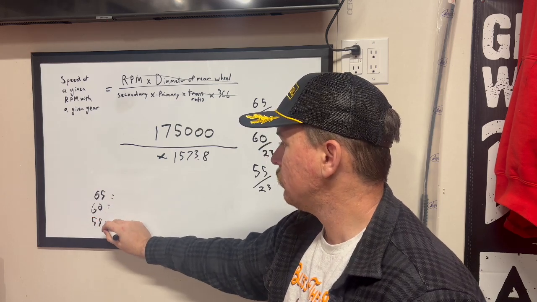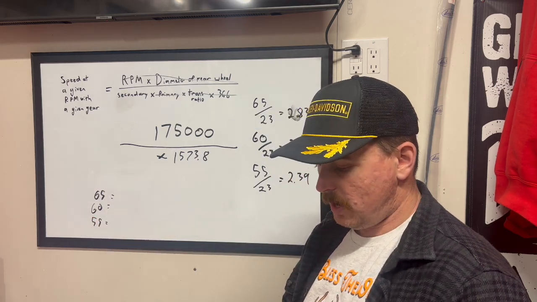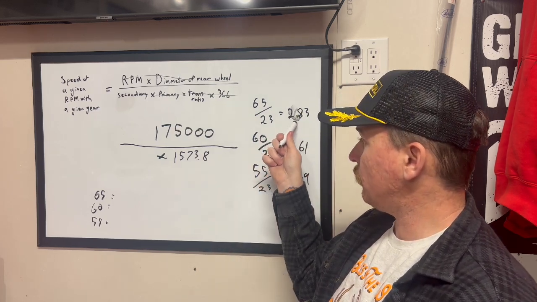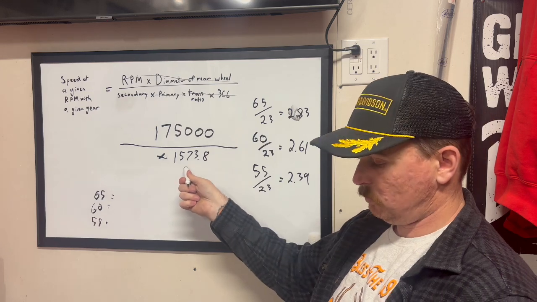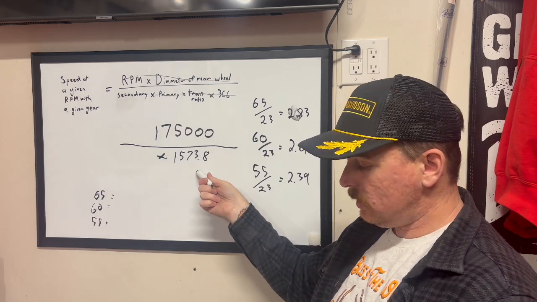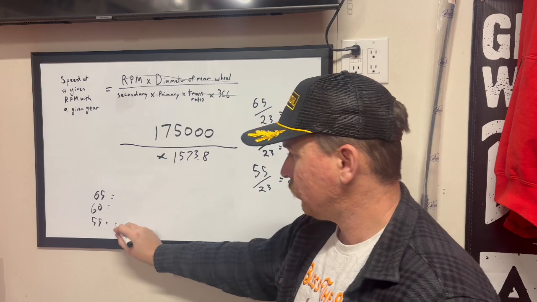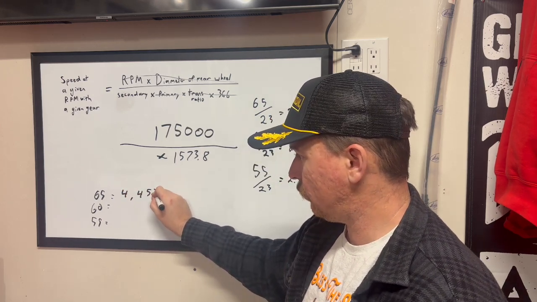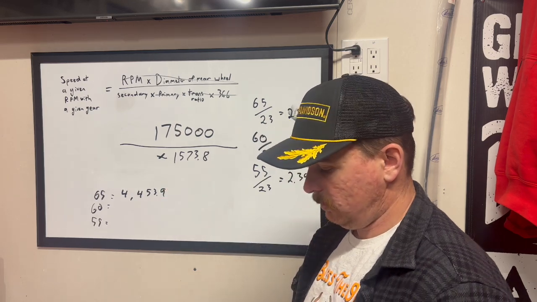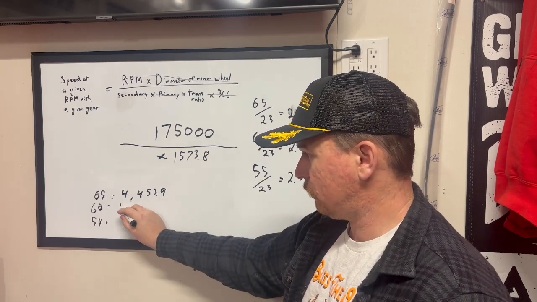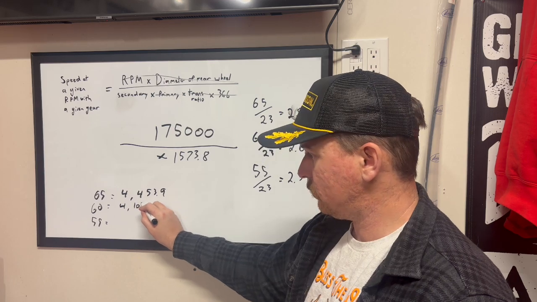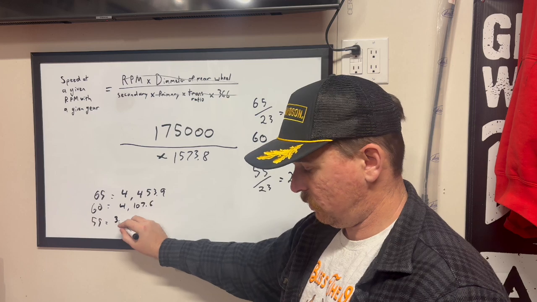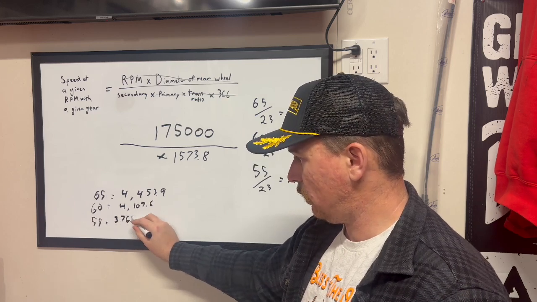For 65, we multiply 2.83 times 1,573.8, and it gets us 4,453.9. For the 60, it gets us 4,107.6, and for the 55, it gets us 3,761.4.